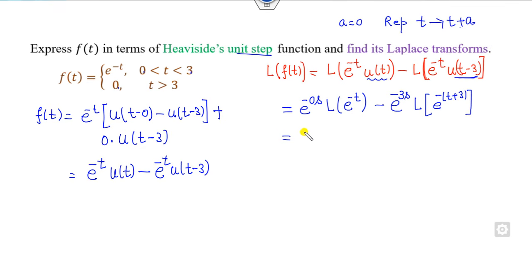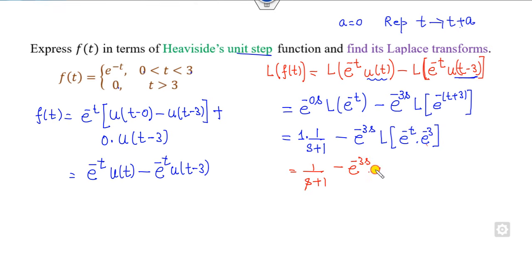e raised to power 0 is 1. Laplace of the exponential is 1 over s minus a. So e raised to power minus 3s Laplace of e raised to power minus t into e raised to power minus 3. Now you can see this number is constant, which is outside. So 1 over s plus 1, e raised to power minus 3s, e raised to power minus 3 Laplace of this number.